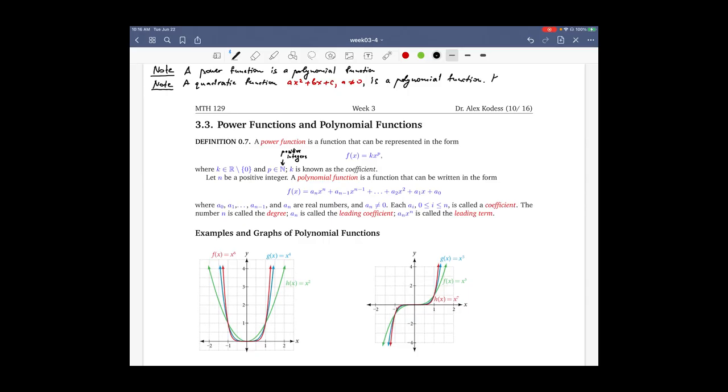Note here that a, being non-zero, the coefficient in front of x in the highest power, is the leading coefficient. So ax squared is the leading term.